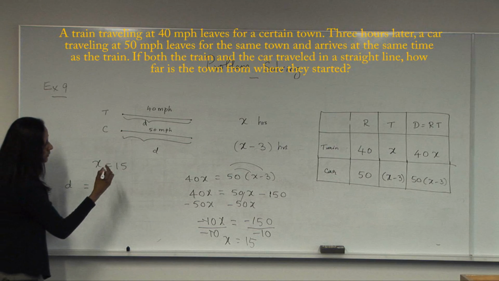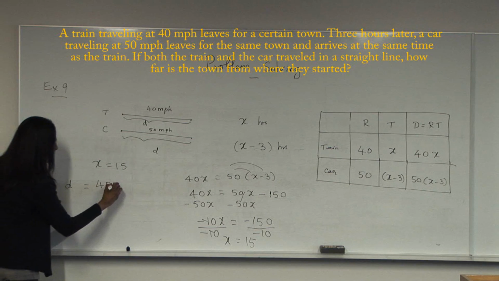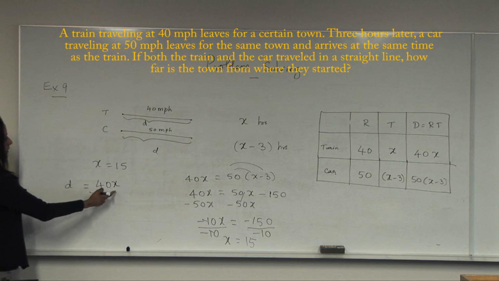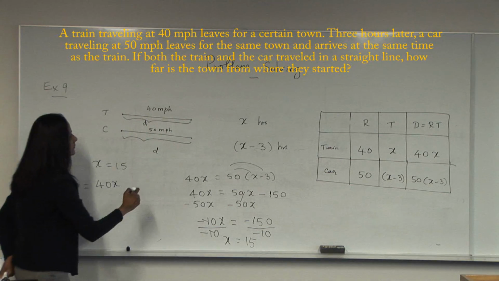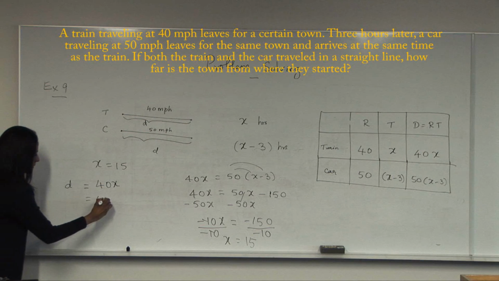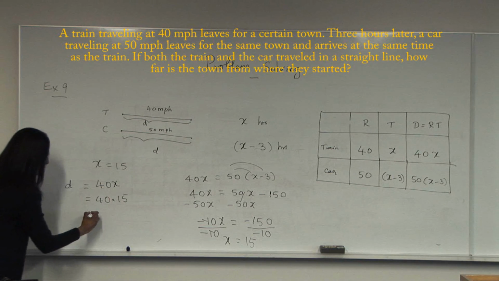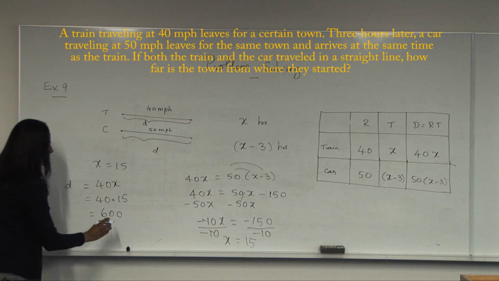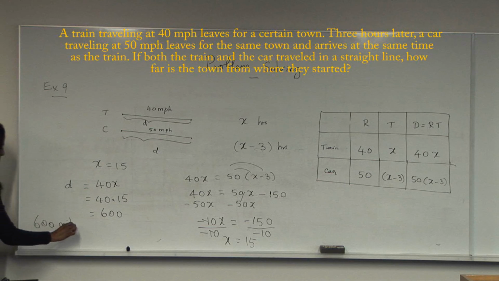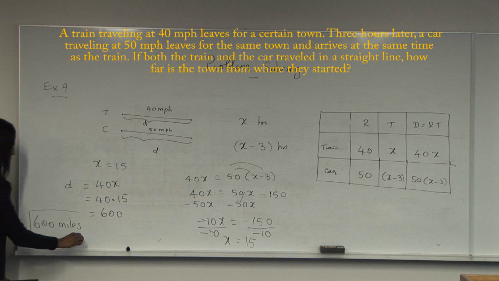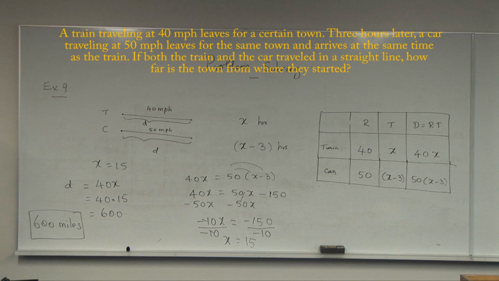So let me use the first one, 40 times x, rate times time, right? Distance is rate times time. So 40 times 15 is 600. So the town is 600 miles from where they started. That's your answer. Okay?